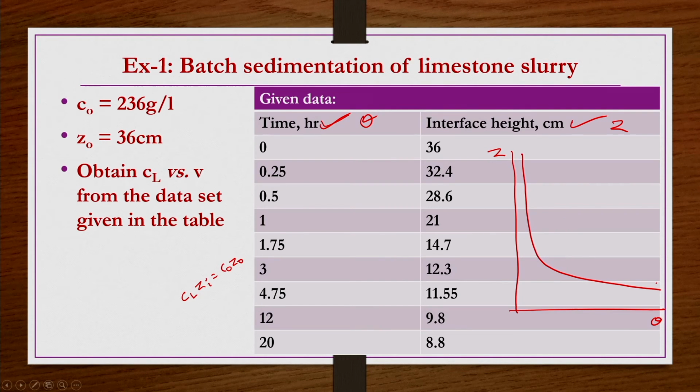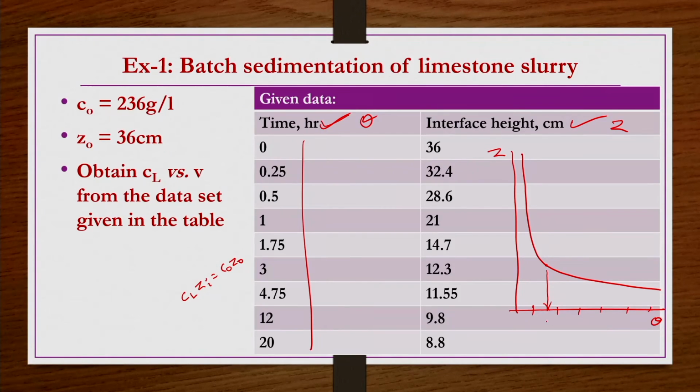At each point, at different time intervals, you can take around 8 to 10 intervals, not necessarily the same. From the graph, let us say at 2 hours or 3 hours, the x axis is nothing but sedimentation time.